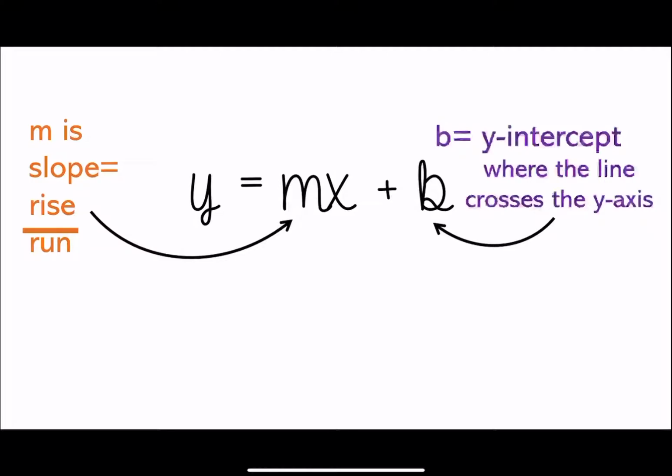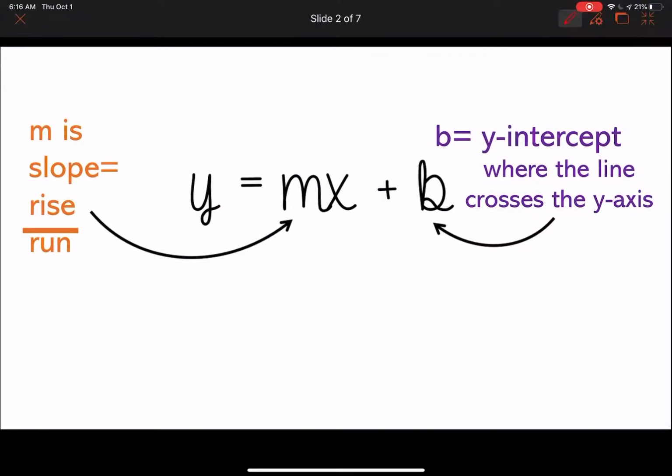It's where the line crosses the y-axis. What I also want you to write, that your b is your beginning value. It can also be known as your initial value.